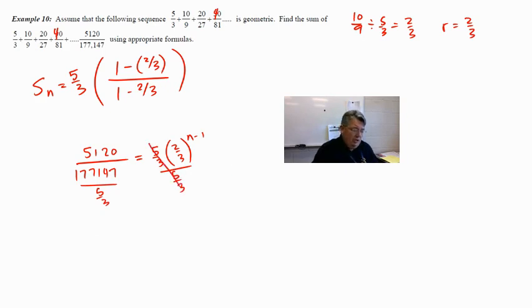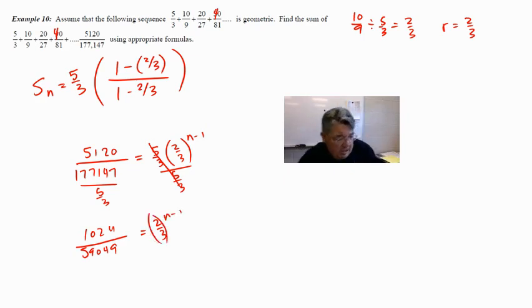And that gives me 5120 all over 177,147. And I'm going to divide this by 5/3. That gives me 1,024 over, see, if you already don't like it, I agree with you, 59,049. And that equals 2/3 to the power of n minus 1.